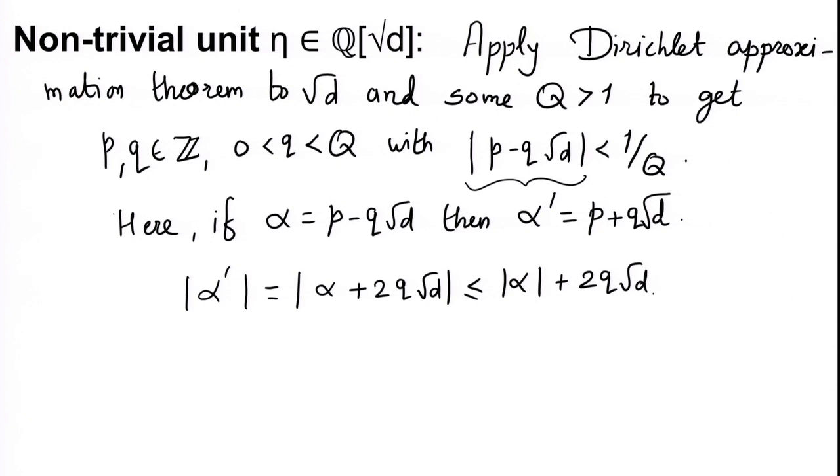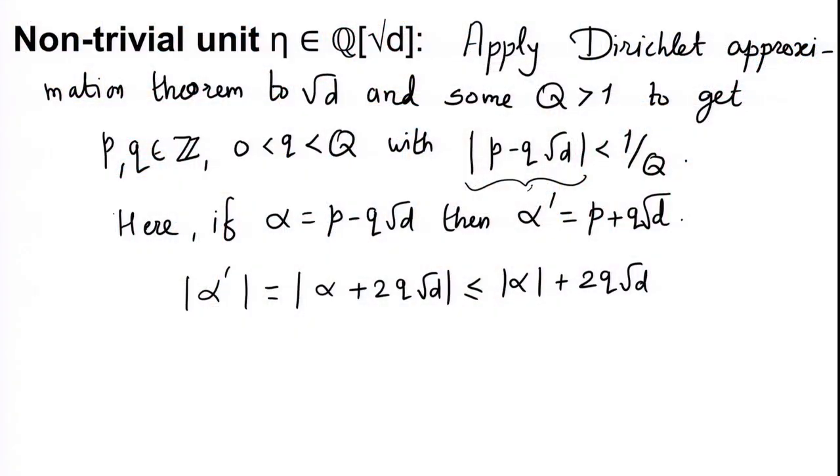We do not have to put a mod for q root d, because root d is taken to be the positive root and q is anyway a positive quantity. Here we see that mod alpha is less than 1 upon Q. The small q has the property that it is less than capital Q.